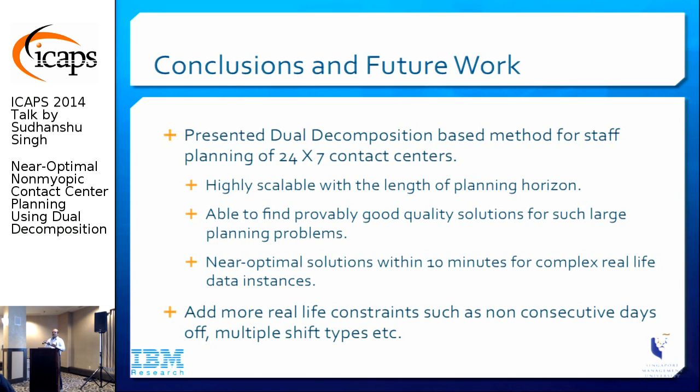Whatever work comes in this week, quite a bit of that goes on to the next week as well. That dependency can be handled with this, even if the agent overflow dependency is not there. This approach is scalable with respect to the length of the planning horizon, and we are able to find provably good quality solutions for large instances within good time as well.